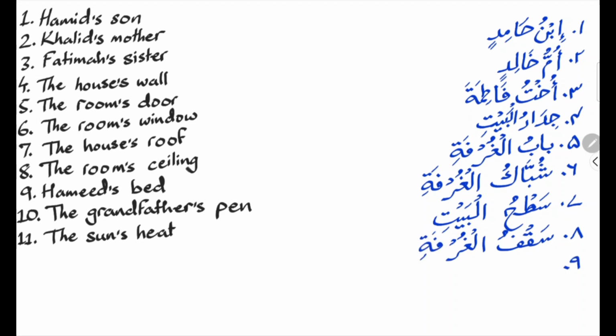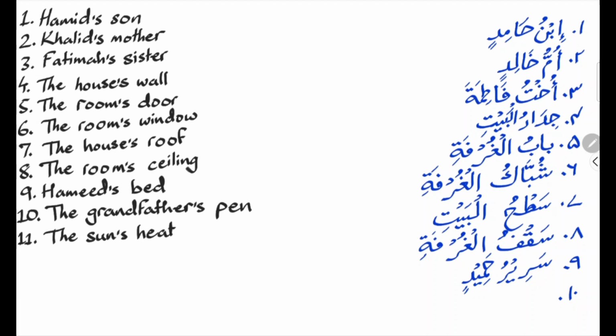Number 9, Hamid's bed. Bed is mudaf, that's going to come first, is the thing being possessed. Bed in Arabic is sarirun. Sariru. Hamidin comes later on because it's the mudaf ilayh. Number 10 is the grandfather's pen.